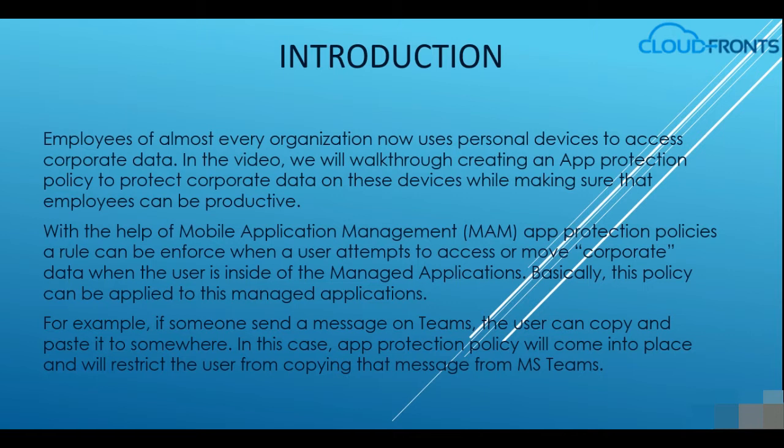For example, if someone sends a message on Microsoft Teams, the user from their mobile device can copy and paste it somewhere else, let it be a Gmail account or a personal email account. In this case, app protection policy will come into place and will restrict the user from copying that message from Microsoft Teams to other applications.